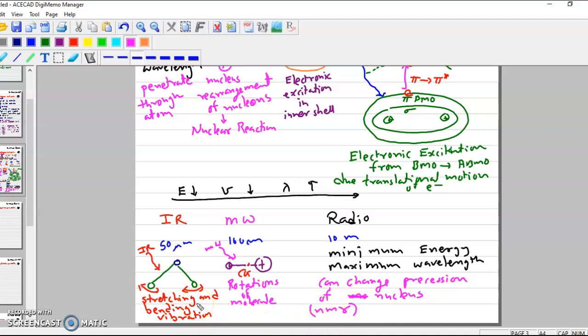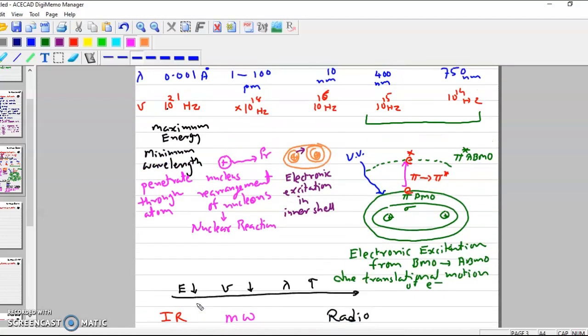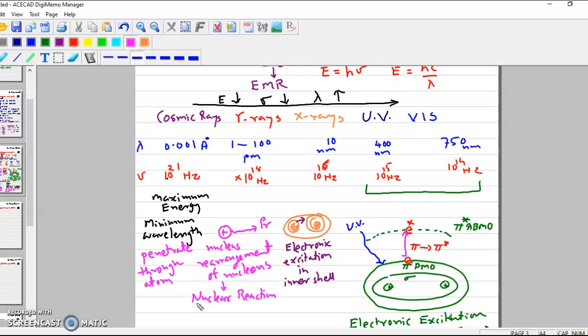In this lecture I am explaining that there are various fractions of light from cosmic to radio waves. Energy decreases, wavelength increases, frequency decreases. And different fractions of EMR, that is light, have different effects on a molecule.